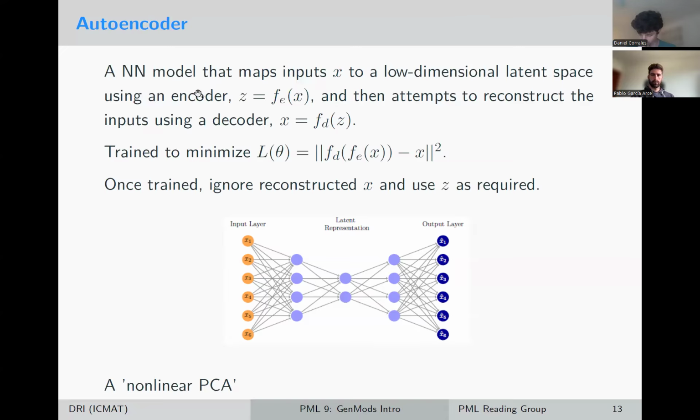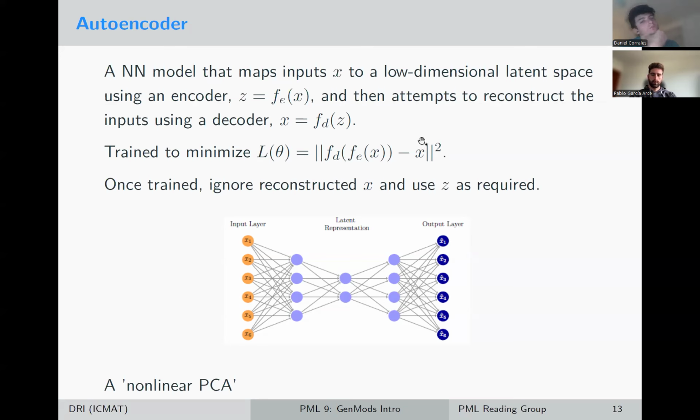For this, they use an encoder, so the X's are encoded into the Z's. And then the idea is that we use these Z's to try to recover the X's, so we use a decoder from the Z's to the X's.